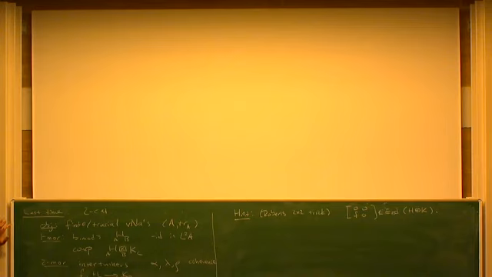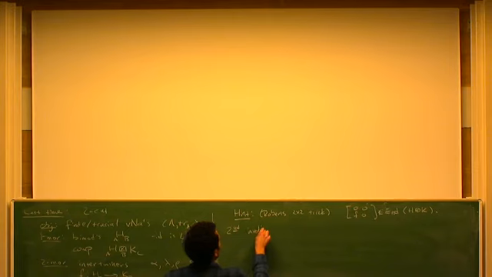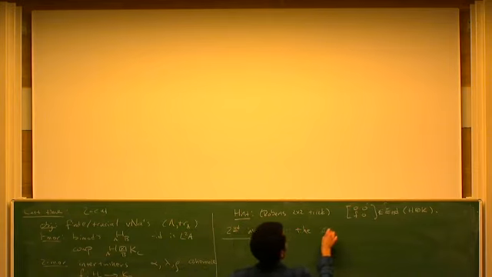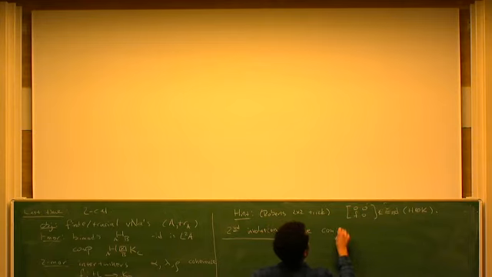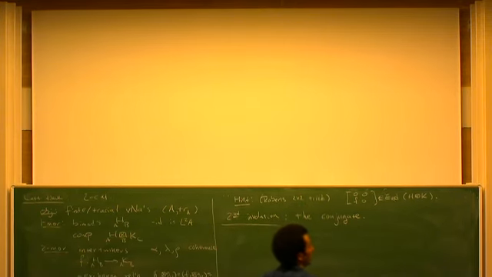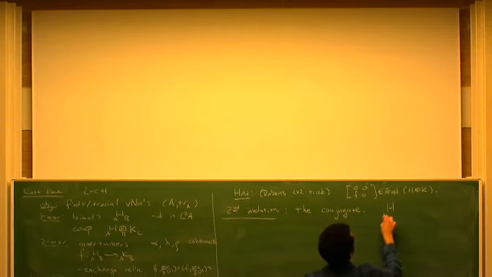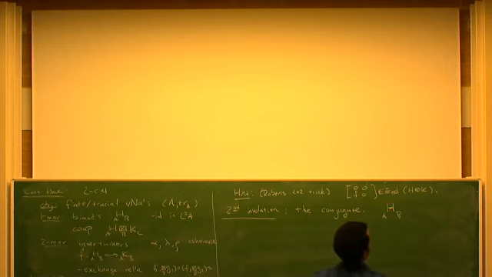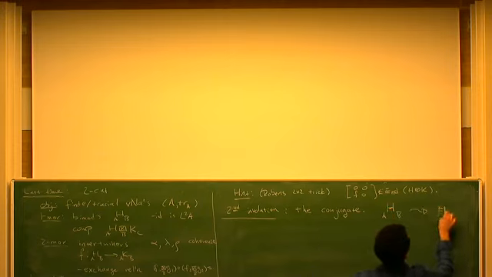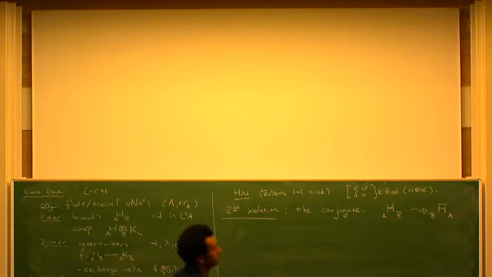There's a second involution that we're going to talk about today. It's called the conjugate. Okay, so I start with H as an AB bimodule. I can take a conjugate bimodule, which is a BA bimodule.